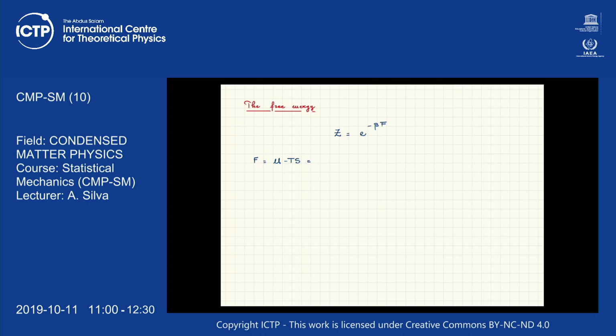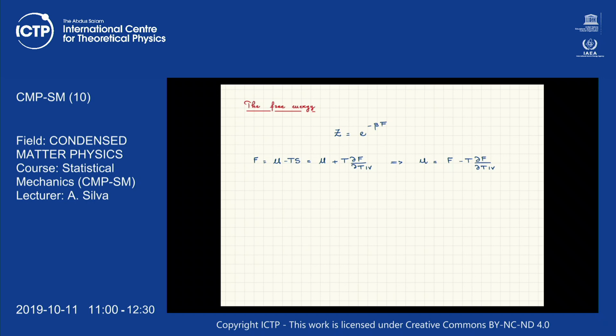So this is equal to U plus T dF/dT at constant volume. Then you know that internal energy should be equal to F minus T dF/dT at constant volume, right?